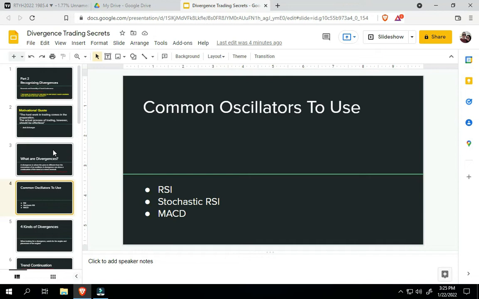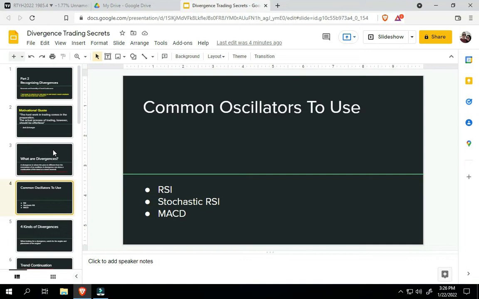I don't want to get into all the different indicators on TradingView that will paint a divergence, that will have a little flag come up. Generally, those are lagging. They're not in the moment. But what I will do is show you the different oscillators to use that will help you see it before your oscillator will paint the divergence, if you have the settings for it.